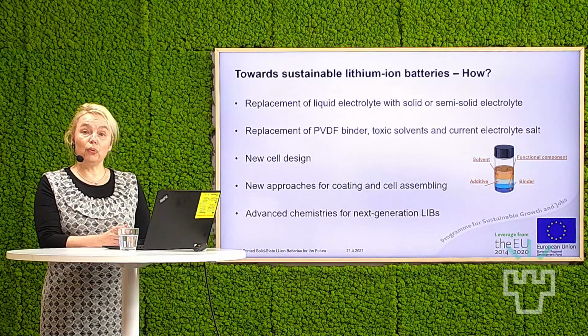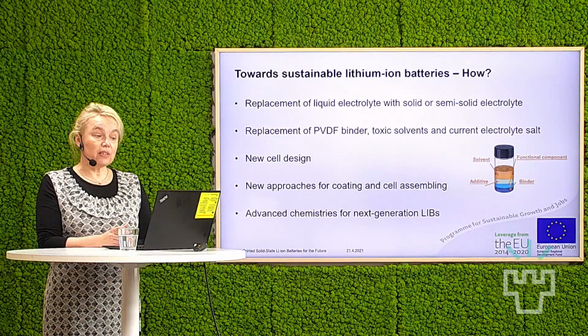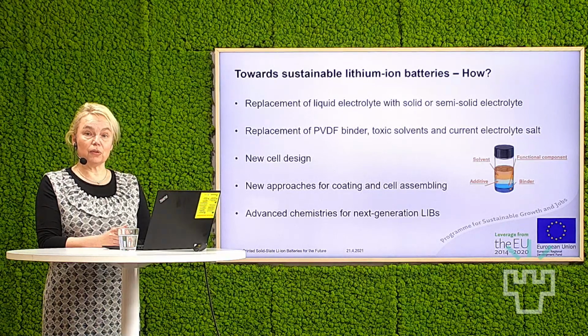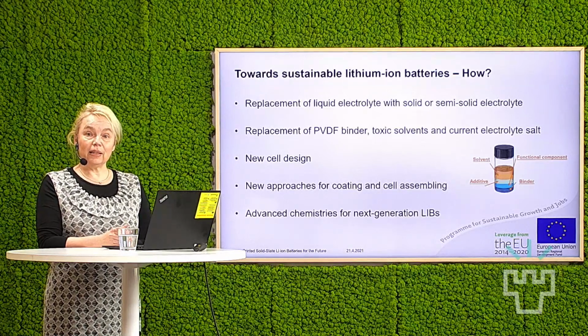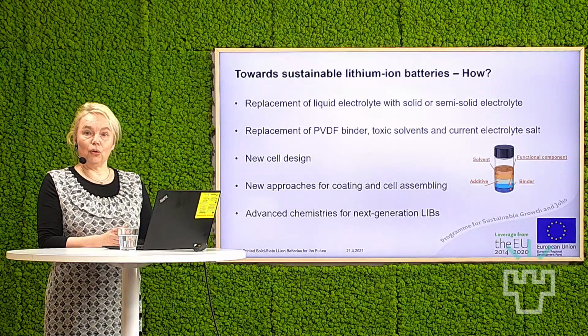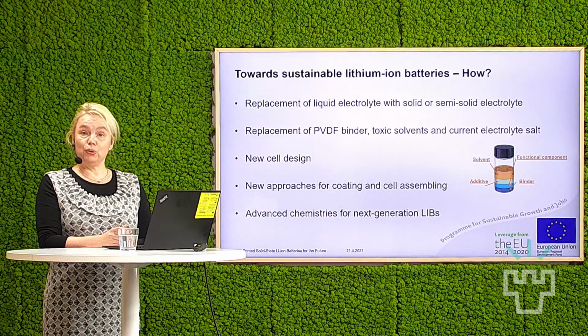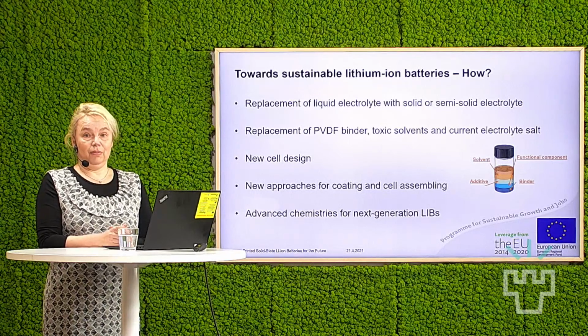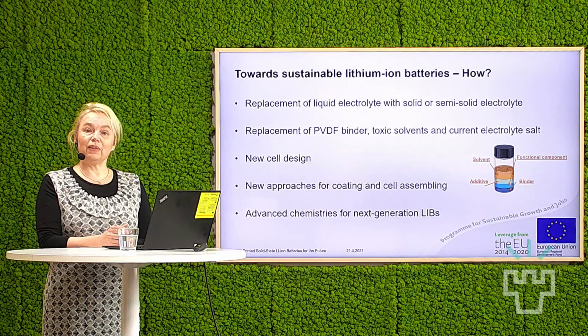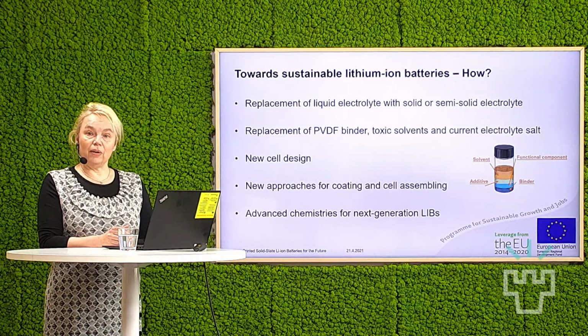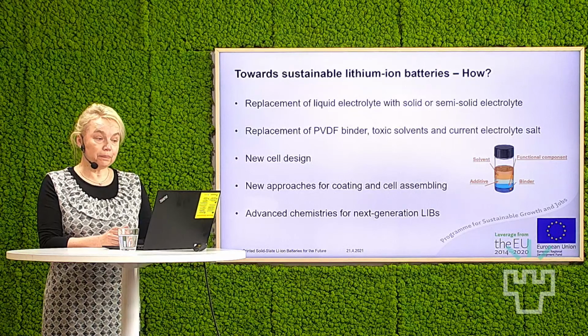So how do we go towards sustainable batteries? One thing we have already started to work on, which is a worldwide research question, is the replacement of the existing liquid electrolyte with a solid or semi-solid electrolyte. In this project, we aim to use materials, solid or semi-solid, but they should be in powder form, and thus they can be printed.